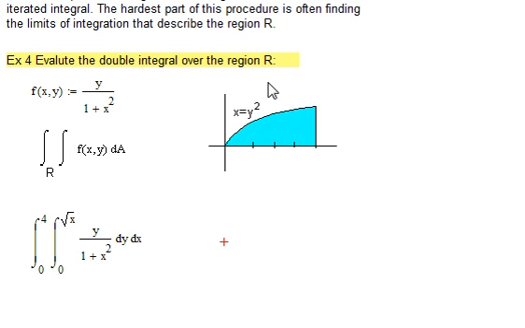I make a stripe across this zone here, right? And the top part of that stripe is this function. Well, it's x equals y squared, but I want this to be a y limit. Since I'm making my stripe vertically, I need y limits at the top and bottom, so that would be y equals square root of x and y equals 0, and that's where these two limits came from, okay?